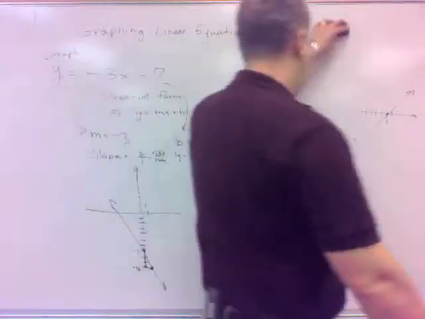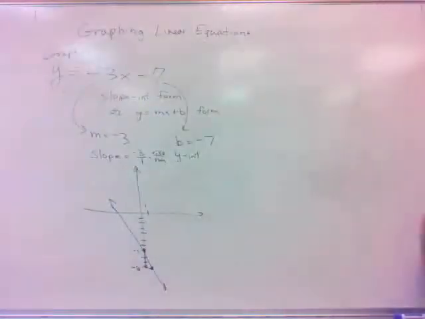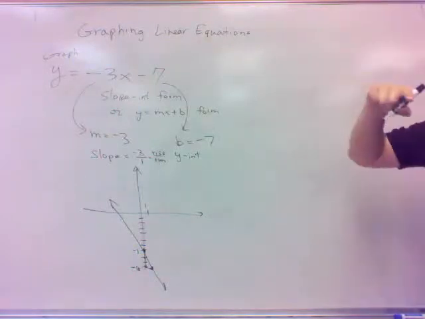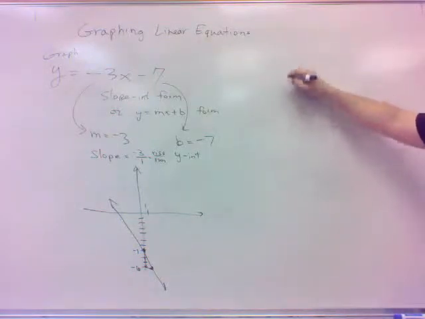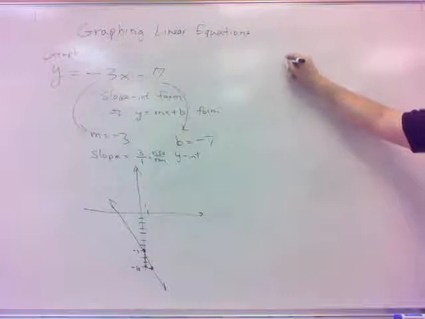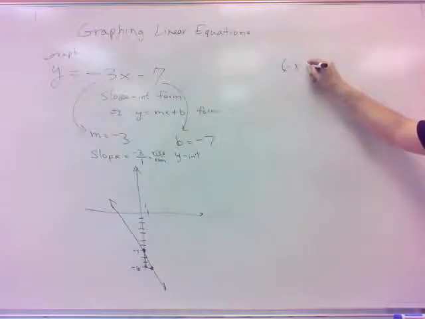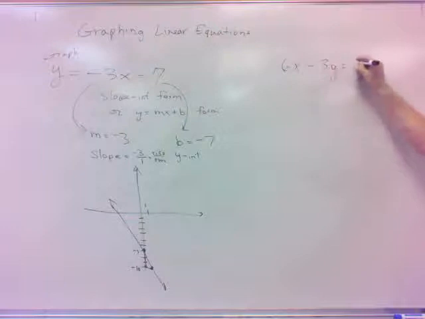Kind of on a related note, tying the two forms together, let's do this one: 6x minus 3y equals 11. That's the other form that we talked about, standard form.